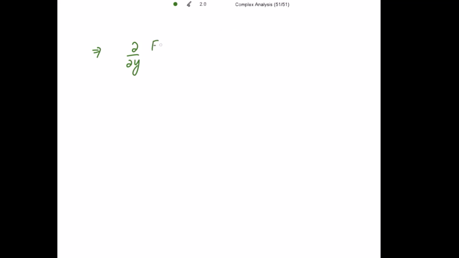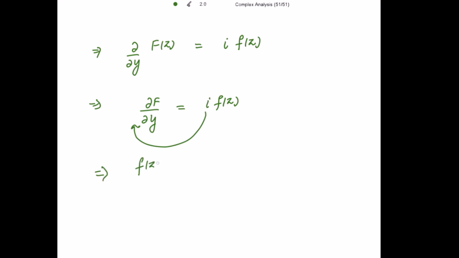The derivative of capital F of z with respect to y gives iota f of z. Curly F over curly y, I can also write like this, equals iota f of z. Let me take this iota to the denominator. We get f of z is equal to 1 over iota times curly F over curly y.